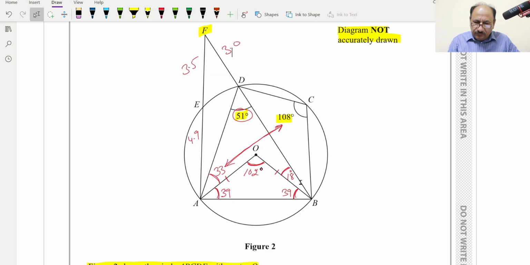So angle, we don't have this angle DAF or FAD. So first we can find, take AF.